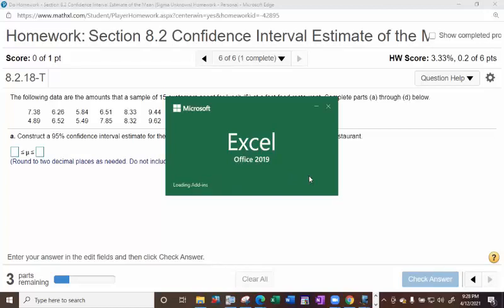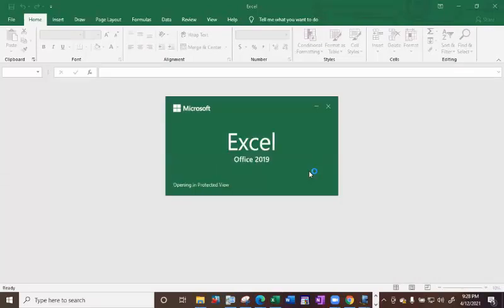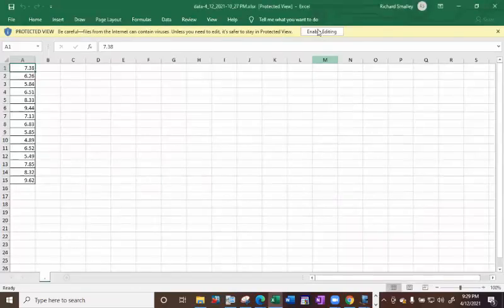I didn't think I was necessarily going to need it, but I guess in this class it shouldn't be a surprise. All right, let's go. Well, theoretically, this should have been a good way to do it. Now you're probably thinking, dang, I could have typed them in the calculator by now. Oh, maybe your Excel will be opened up quicker than mine was.